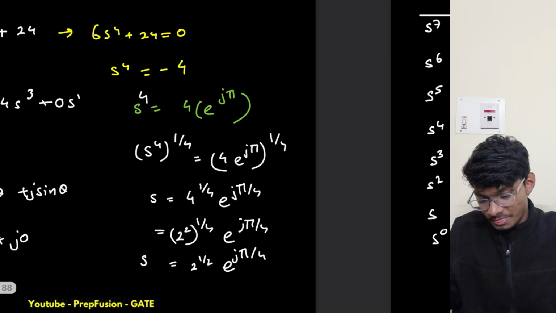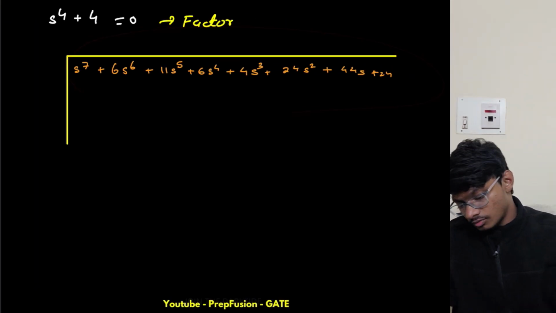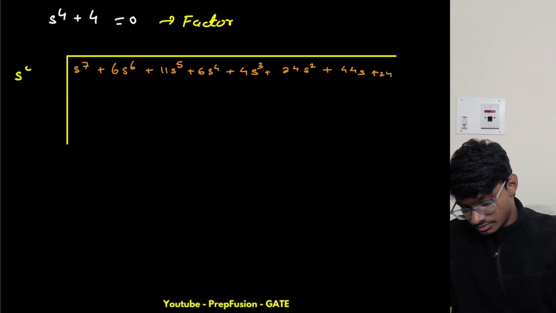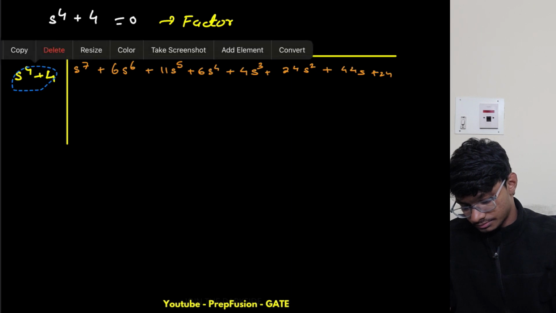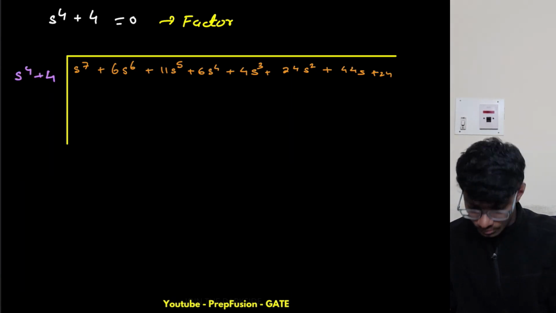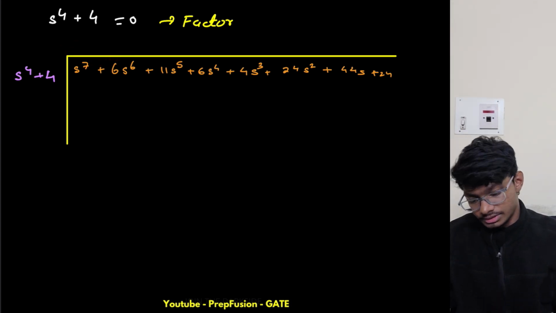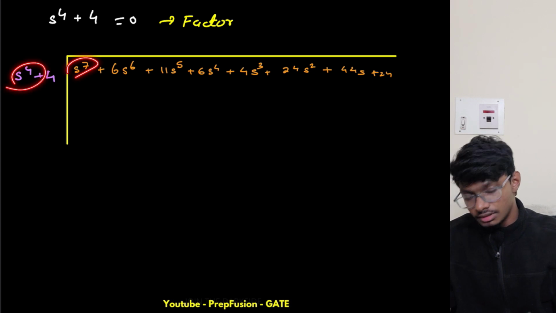Okay, so this is basically my dividend. Now I will write my divisor, which is s to the power 4 plus 4. Okay, change the color. And what is this? I will calculate this, right? Now what I will do is try to equate with the highest power.